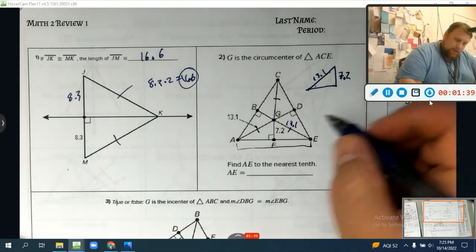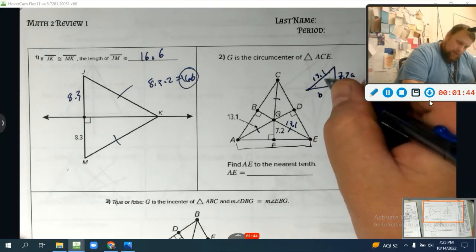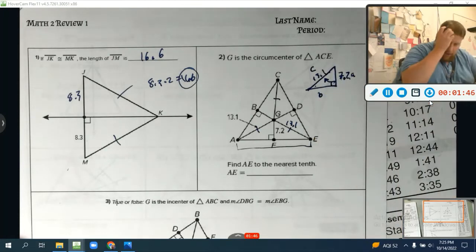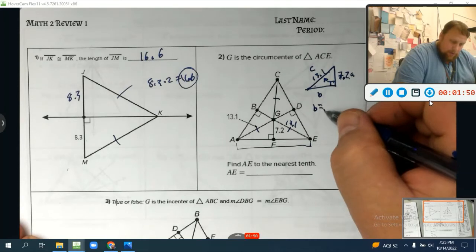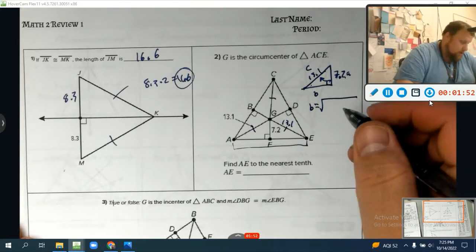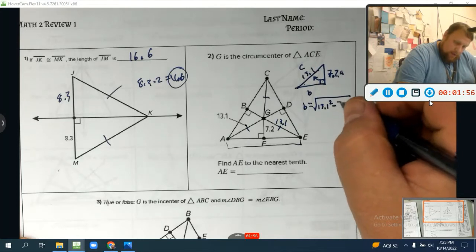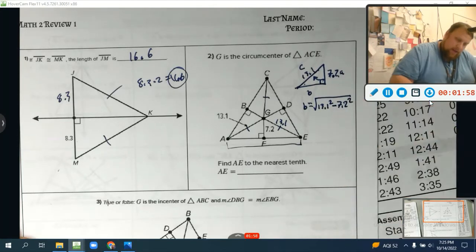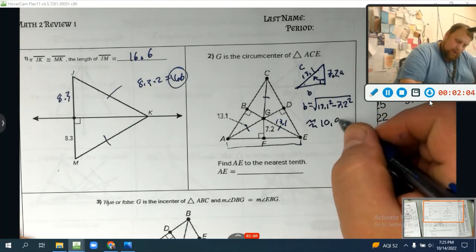Here's what I know. If this is my A, this is my B, this is my 90 degrees, which makes that my C. It's always opposite the 90 degrees. I know that my B is equal to the square root of 13.1 squared minus 7.2 squared, right? That A side. And so when I put that in my calculator, I get that this is approximately 10.9.